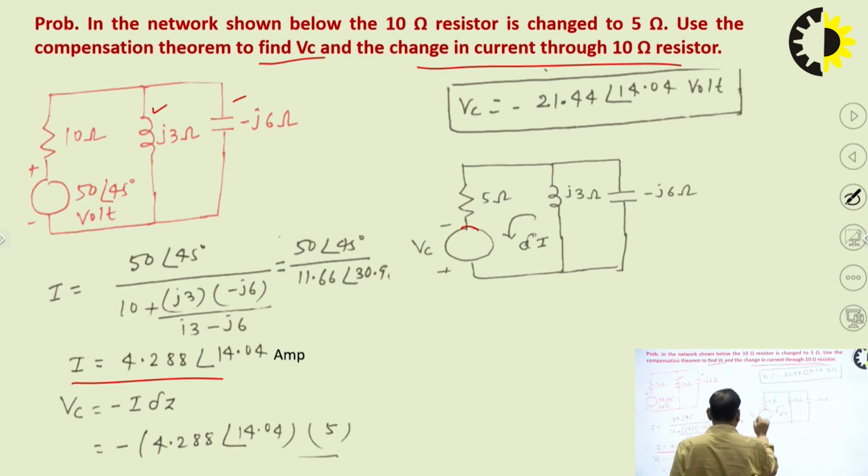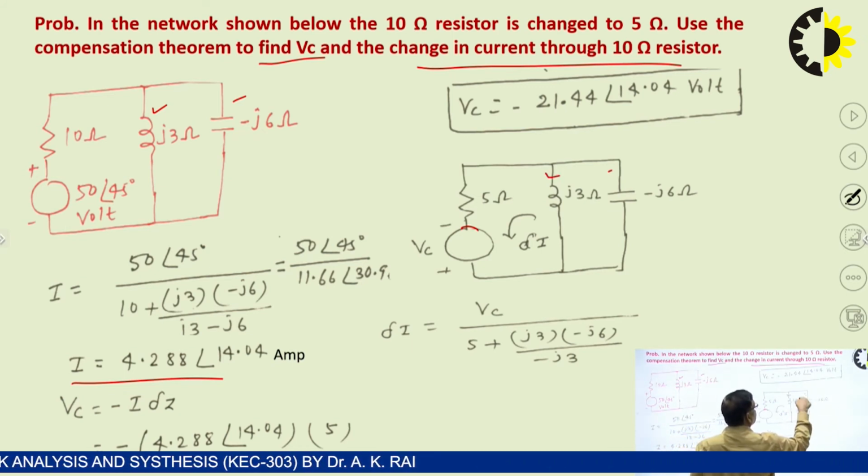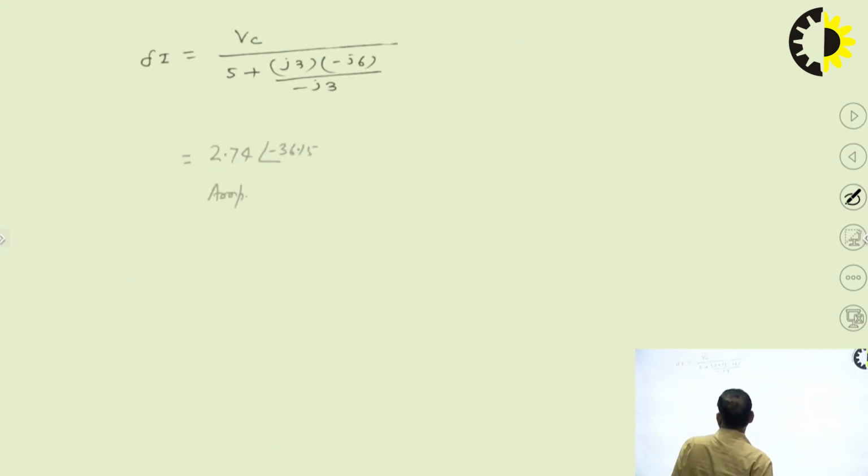We have injected this much voltage in the modified branch and take the delta I. So Vc upon the parallel combination in series with the 5 ohm resistor. So this is the equivalent as seen from the source terminal. So this is the delta I.